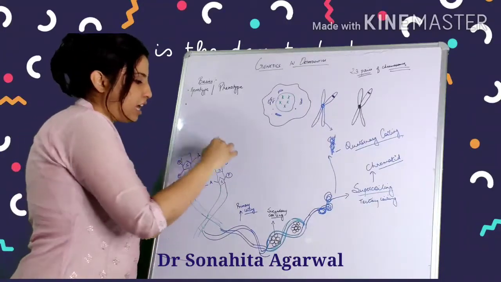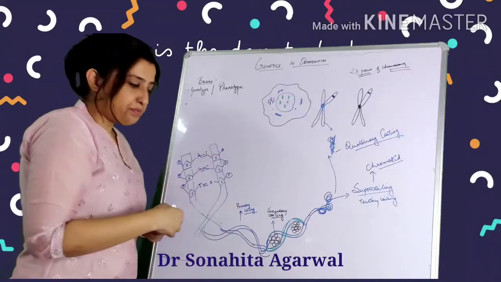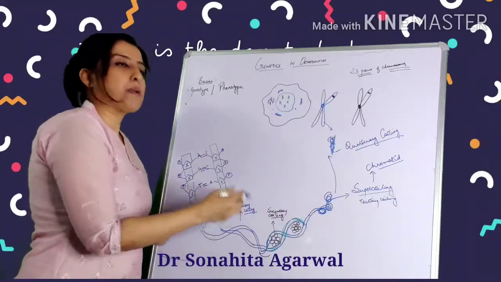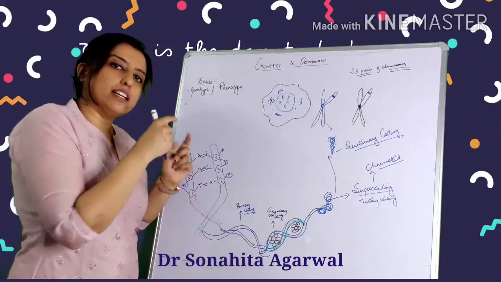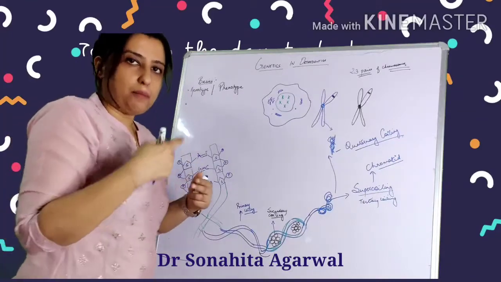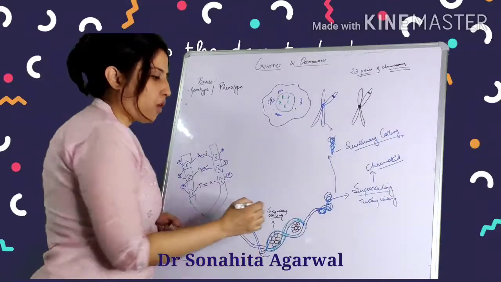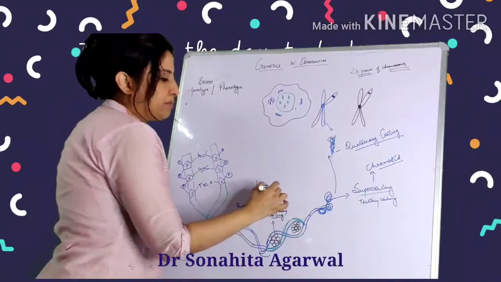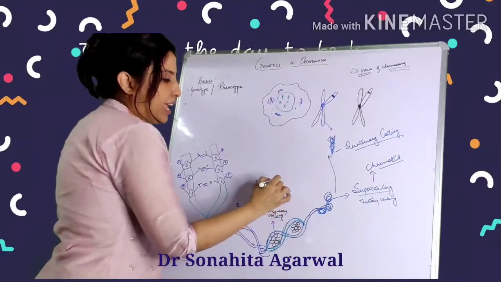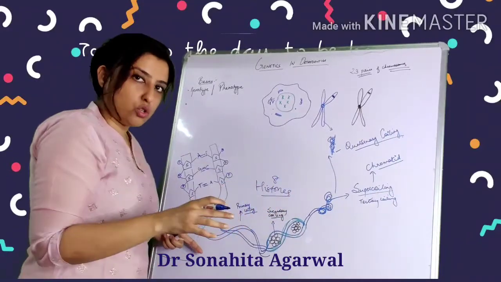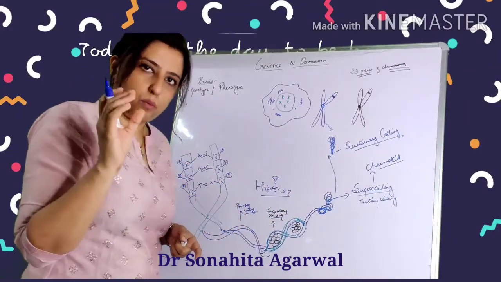What happens is this gets coiled around, and that is called primary coiling, where the DNA strands intertwine among each other. And then after that, there are some proteins called histones. 8 histones together form the nucleosomes.